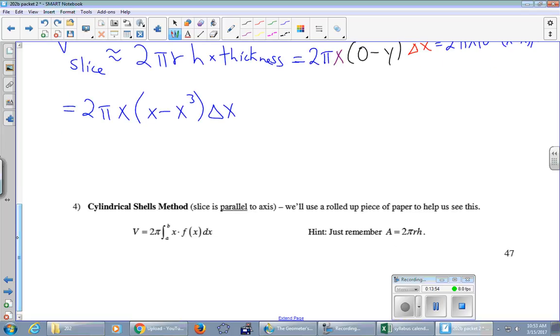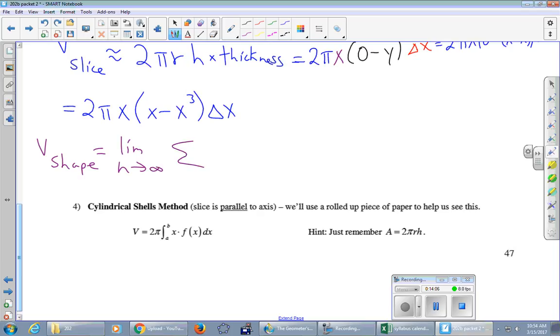Okay, so now we'll just throw stuff inside of a limit and a sigma. So the volume of the whole shape is equal to limit n goes to infinity, summation i equals 1 to n, right? This is just cookie cutter. It's always that. What are we putting inside of the sigma? Just that function that we created.